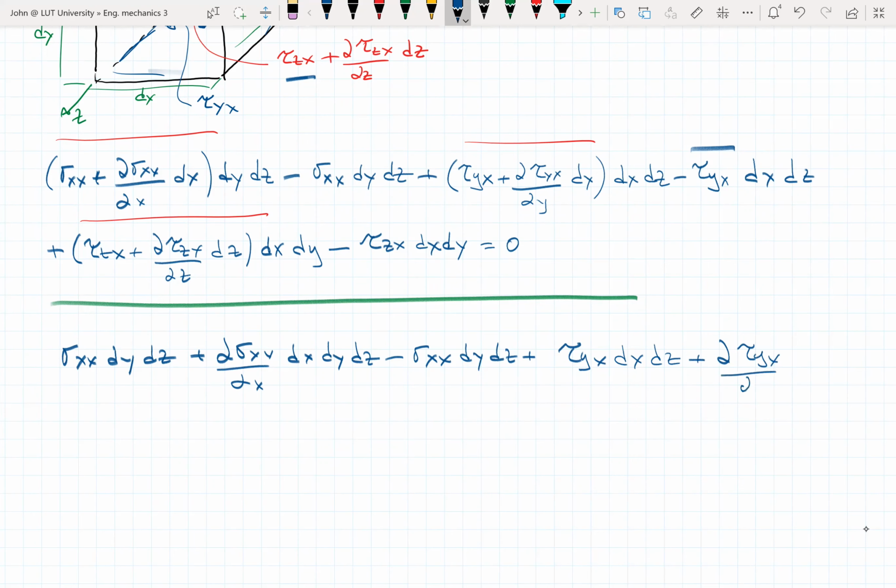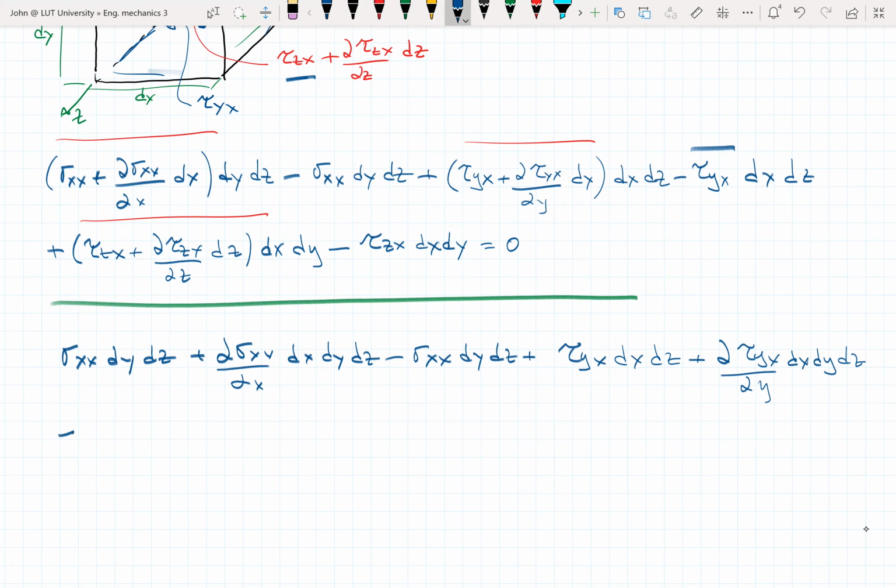All of that is multiplied times dx dy dz. Great.